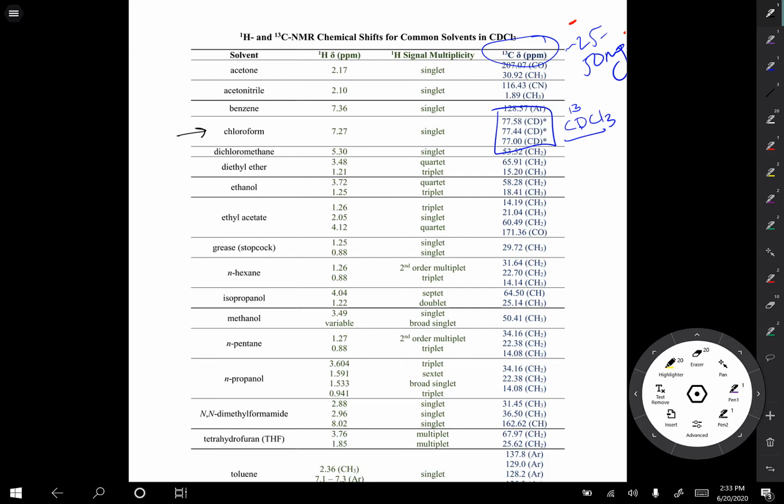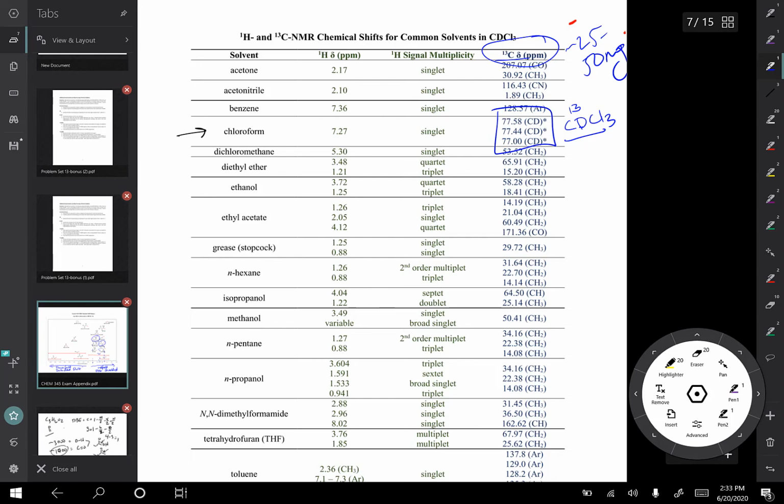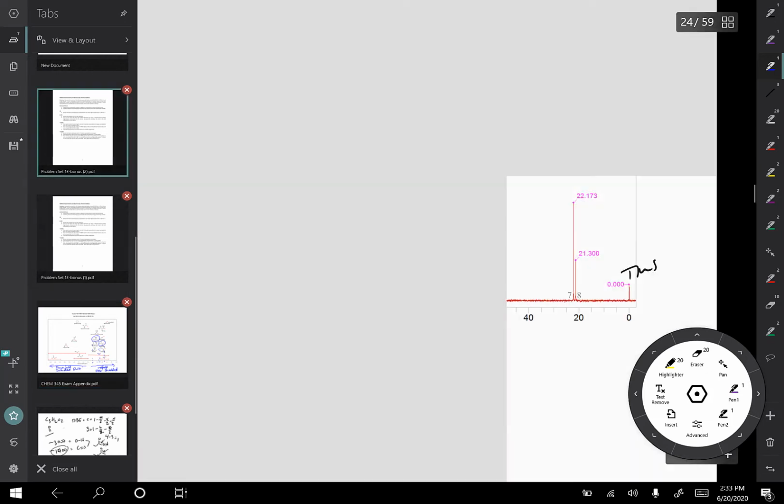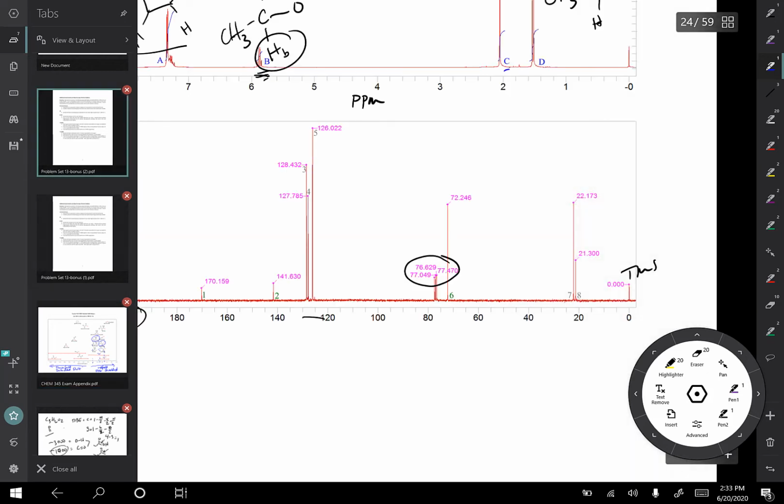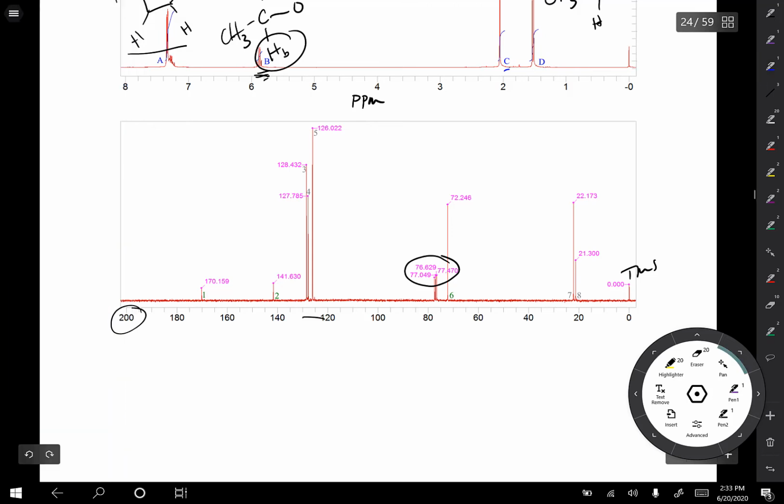The reason we use deuterated solvents is so that the hydrogens from the solvent don't show up in our proton NMR. And so here in the carbon NMR for chloroform, we have 77. We've got these 3 signals. Let's just make sure. And that is in fact the case, okay? So that's chloroform. So we're not going to use that for our determination here.